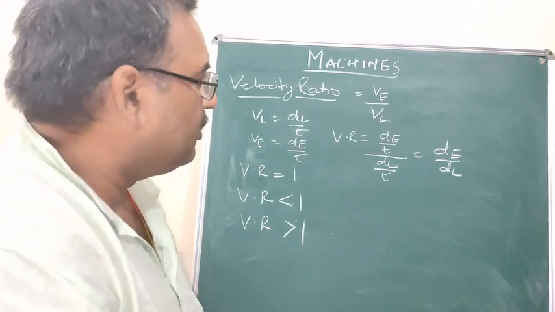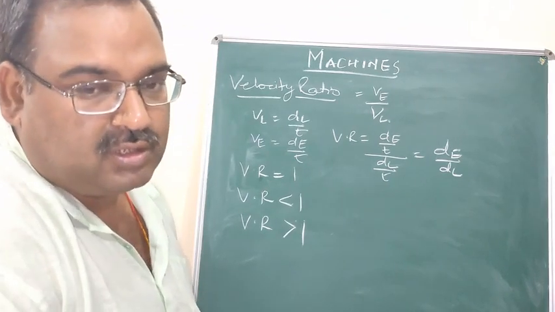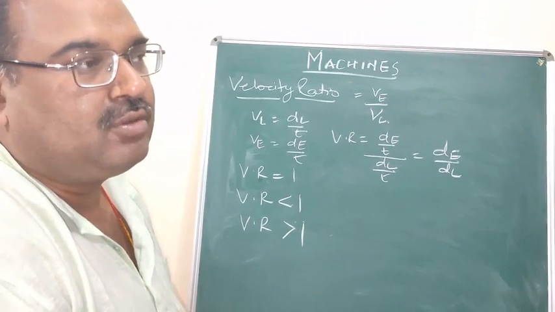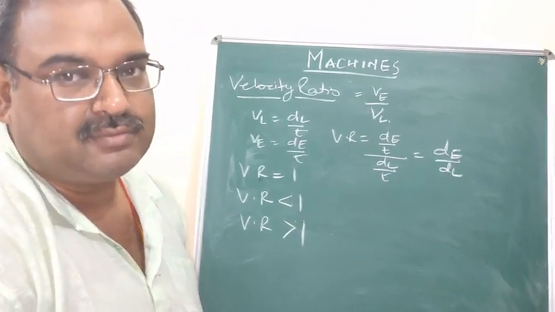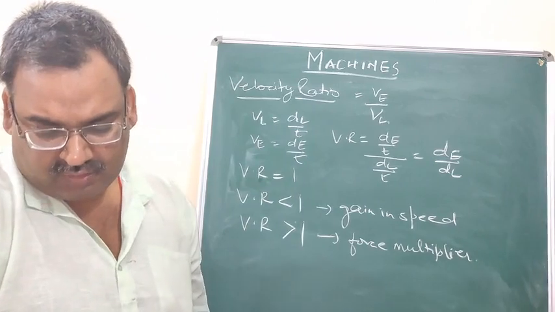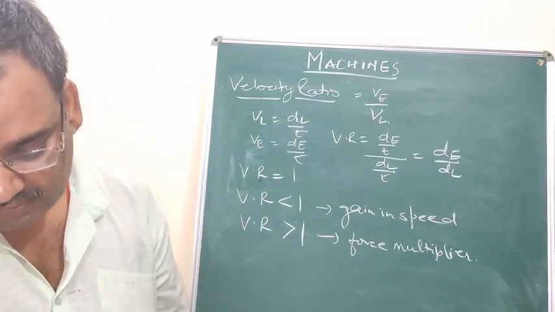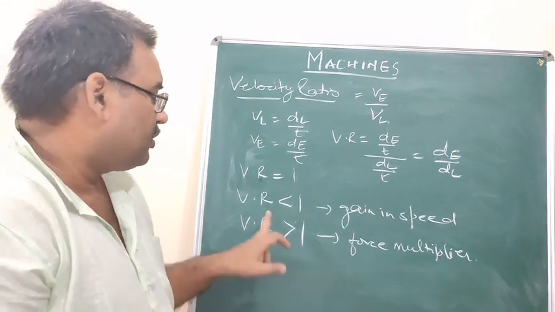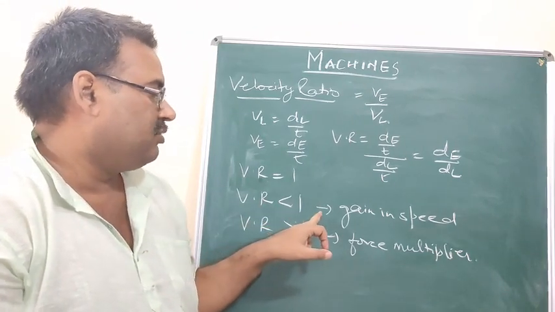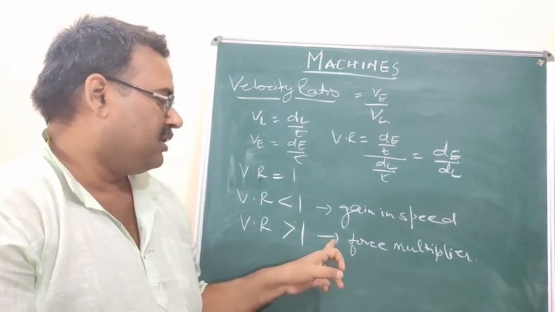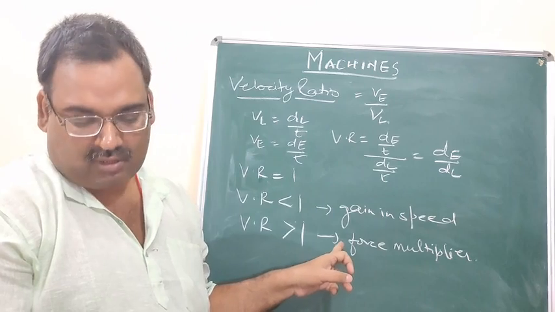That is, the displacement of the effort should be equal to the displacement of the load. It will be only used as a change in direction. So if velocity ratio is equal to 1, then the machine is used for changing the direction of the effort. If velocity ratio is greater than 1, the machine is used for gaining speed. If velocity ratio is less than 1, then the machine is used as a force multiplier.